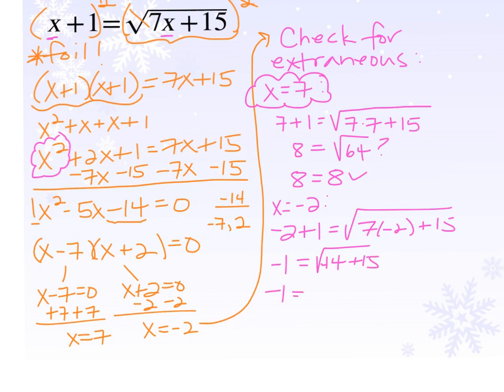And that would be the square root of 1. Well, the square root of 1, in order to be a function, again, has to have that positive output. And positive 1 doesn't equal negative 1. So that means that that's not going to work, which means x equals negative 2 is extraneous. It solved our quadratic equation, but when we plug it back into the radical, it doesn't work. That means 7 is the only solution.